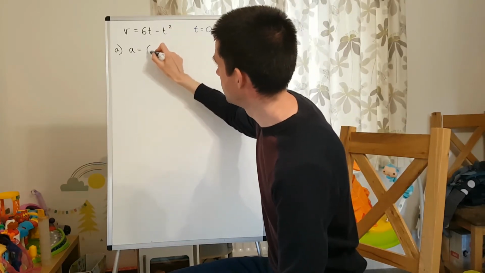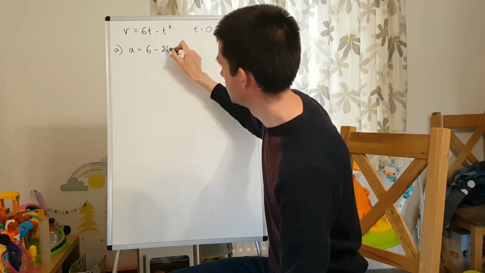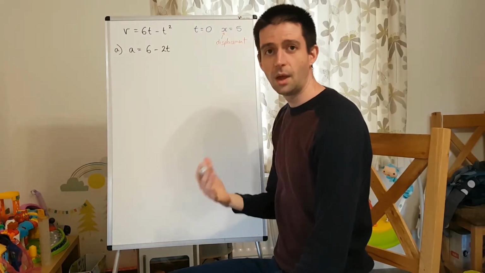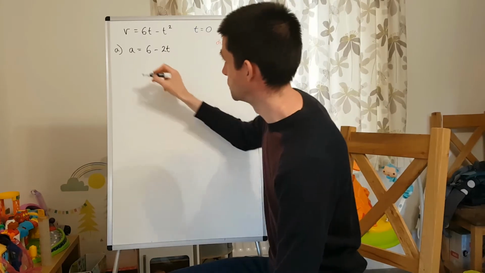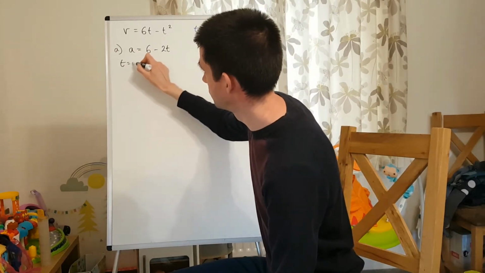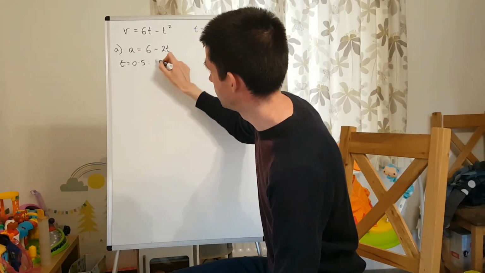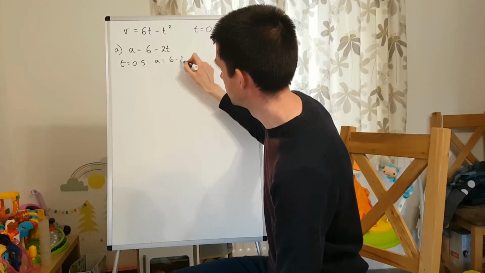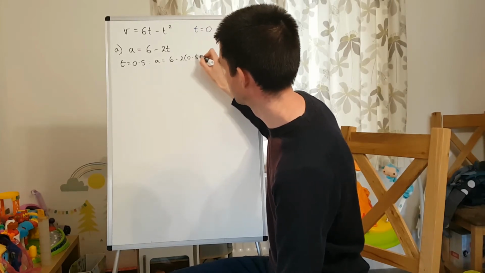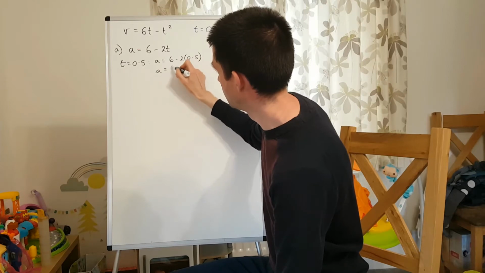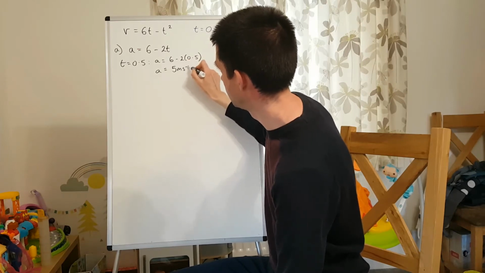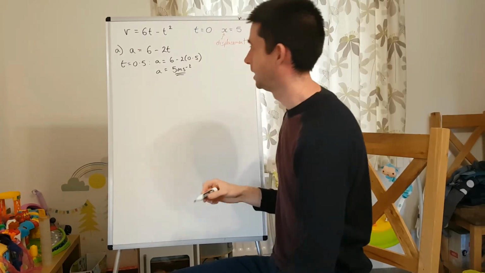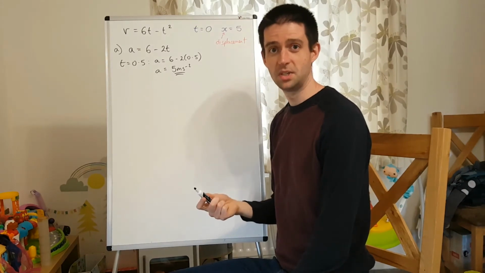So differentiate this, and we're going to get 6 minus 2t. We're asked for the acceleration when t equals 0.5, so we substitute 0.5 into this expression for acceleration, which gives us an acceleration of 5, and the unit is ms to the minus 2, metres per second per second.